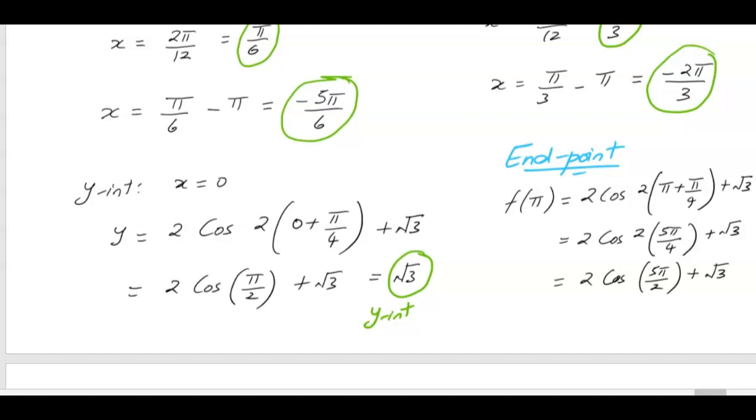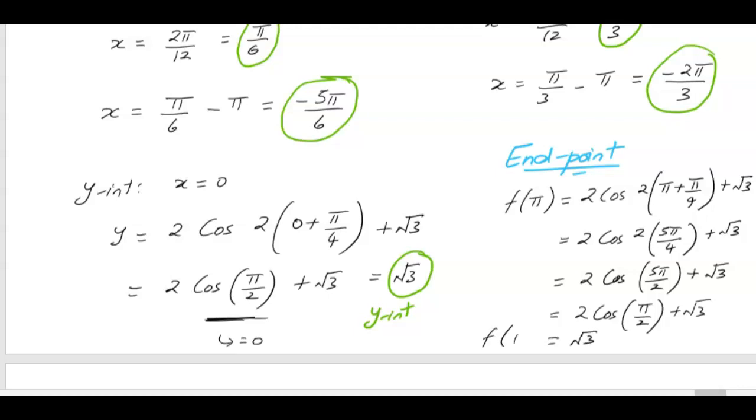Cos 5 pi on 2: 2 goes into 5 2 times, leaving a remainder of 1. So it's basically going to be the same as writing 2 times cos pi on 2 plus the square root of 3, and we've just talked about the value of cos pi on 2 being equal to 0. Therefore, the endpoint is going to be equal to the square root of 3.